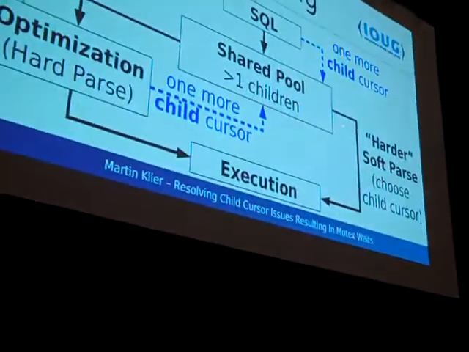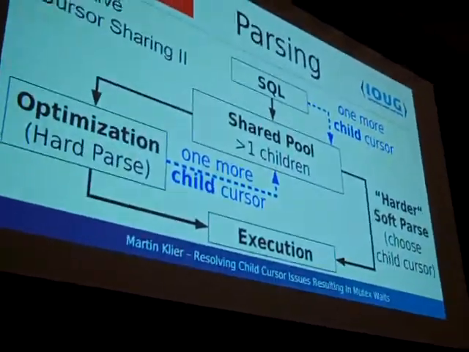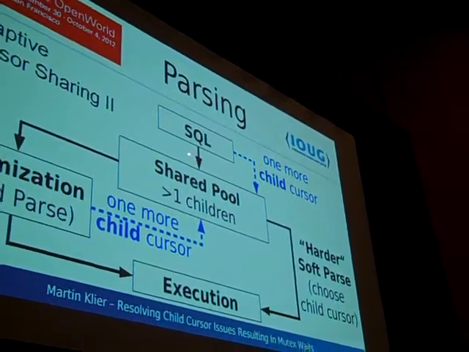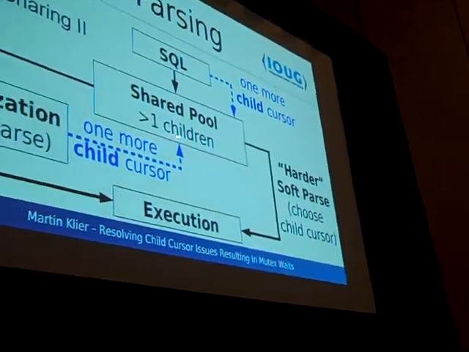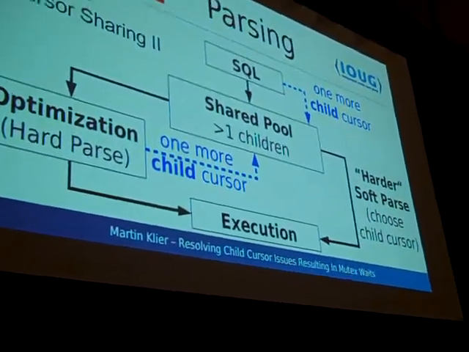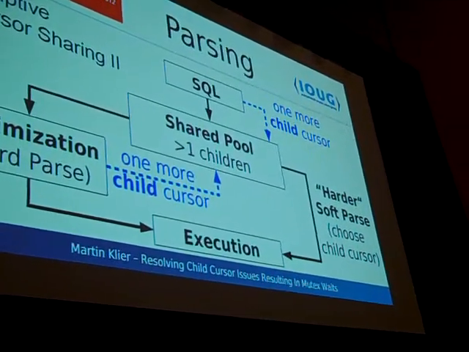And if the SQL bears some problems as described on the slide before, we will end up with one more child cursor for another reason. If adaptive cursor sharing sees in shared pool that we have more than one child, it cannot do a soft parse anymore, because a soft parse simply ignores everything that's in the statement, as well as bind variables.